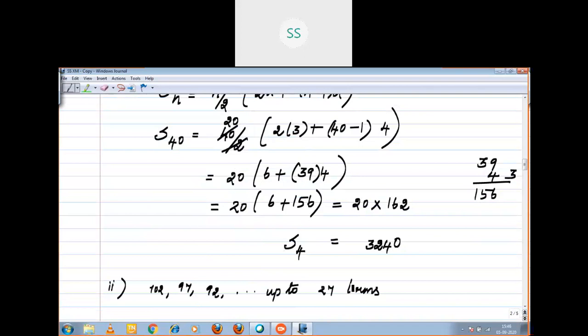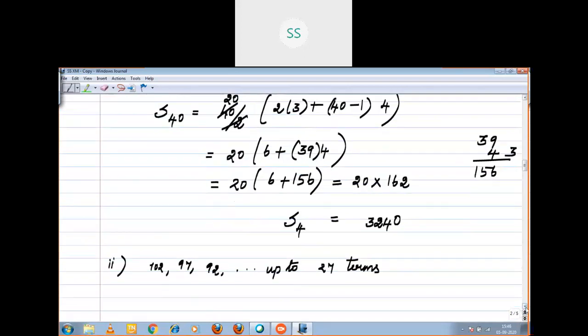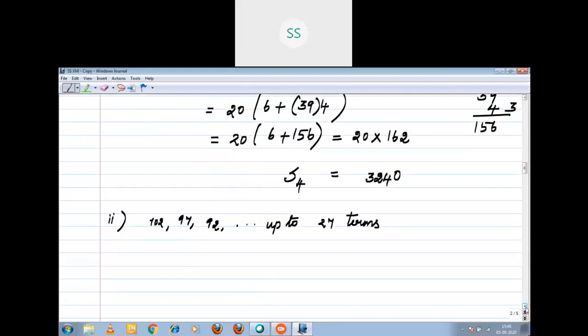Here, which is your first term? a equal to 102. What is your n? n equal to 27. What is your d? I say second term minus first term. So what is your common difference? Minus 5. Positive, negative: do the subtraction and put the greater number's symbol.